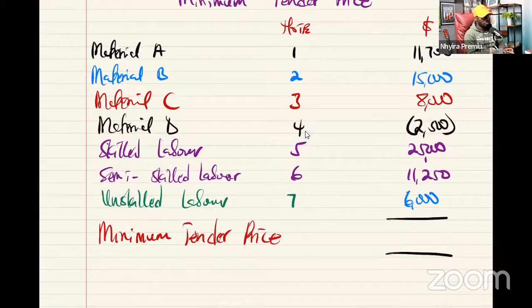So let's see how much we got. 11,700, 15,000, 8,000, minus 2,500, plus 25,000, plus 11,250, plus 6,000. And that gives us 74,450.